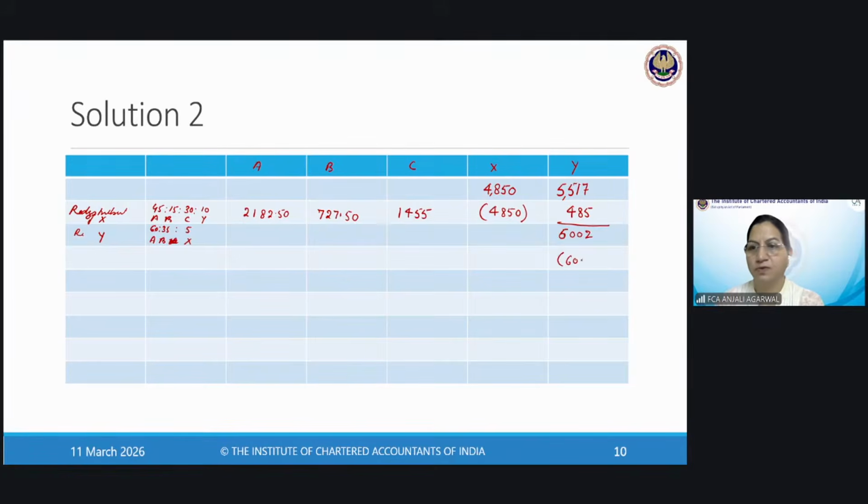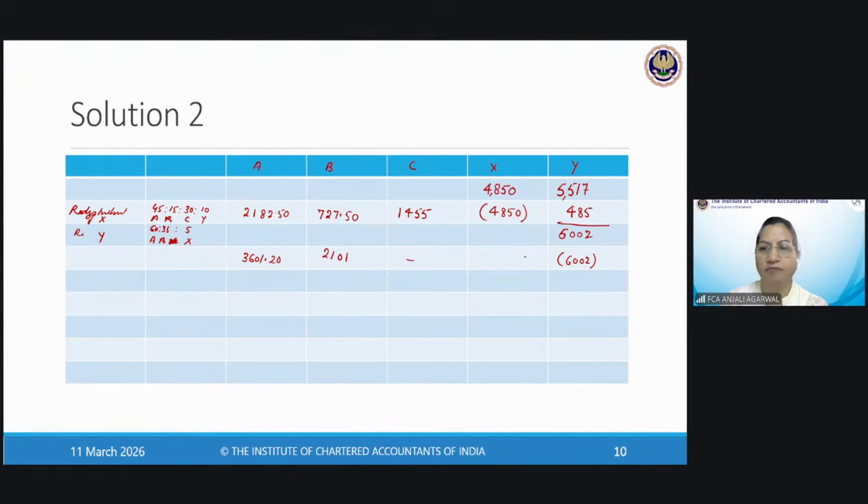So 6,002: 60% of this, and 35% of this, 2100.7, I'll keep it 2101.